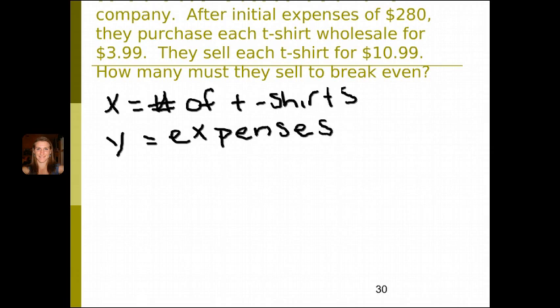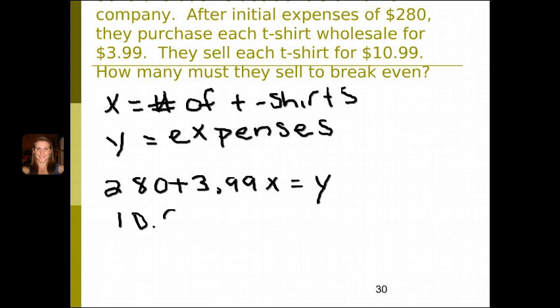Our two equations will be $280, because that's what they spent to start the company, plus $3.99 per t-shirt, and that's equal to our expenses. And they sell them for $10.99 per t-shirt, and that's equal to our expenses.